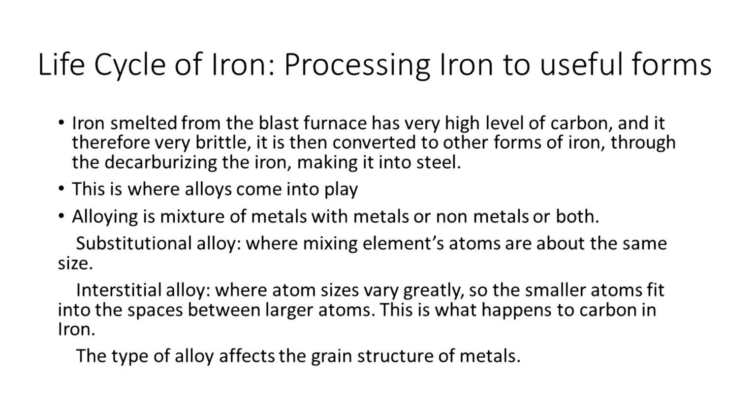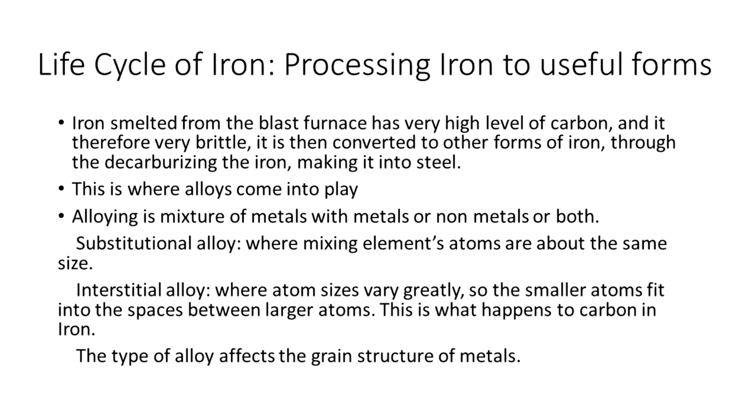Substitutional alloys are when we mix atoms of elements that are about the same size. Interstitial alloys are where atom sizes vary greatly, so the smaller atoms fit into the spaces between larger atoms. This is what happens to carbon in the iron.